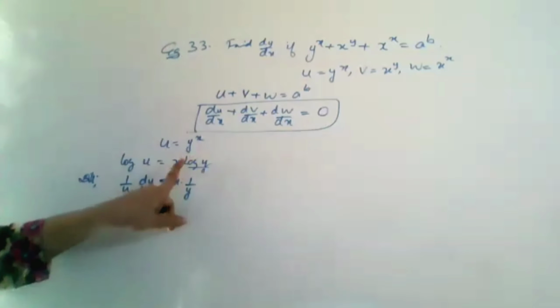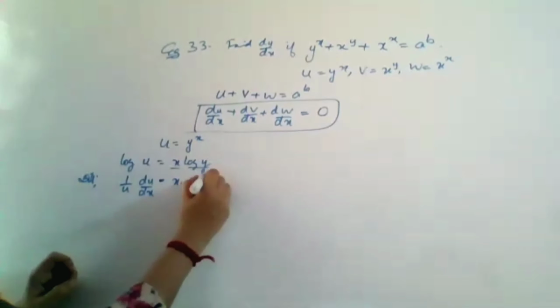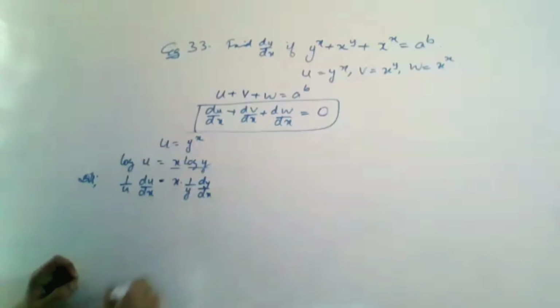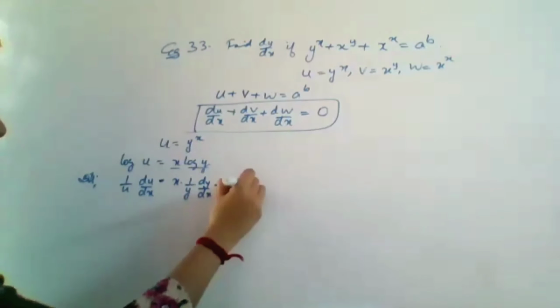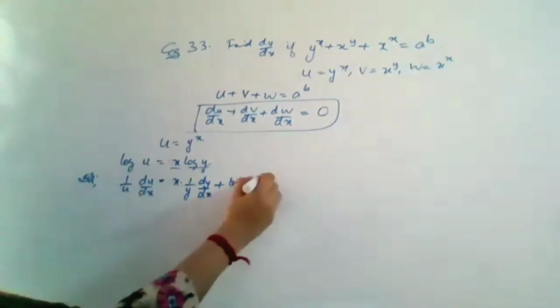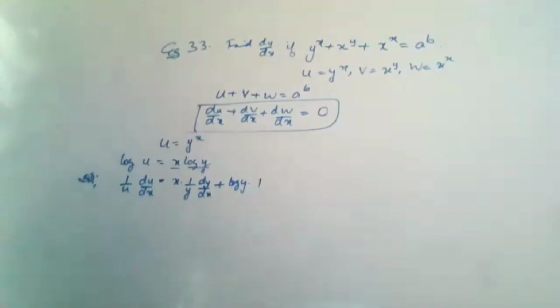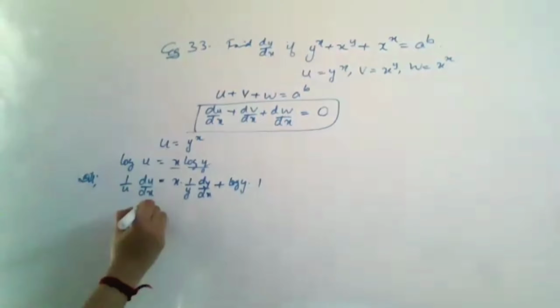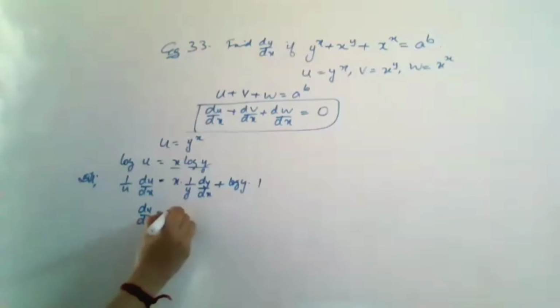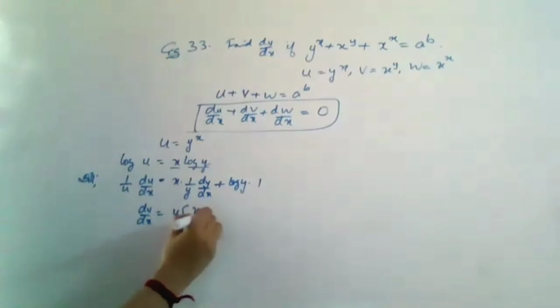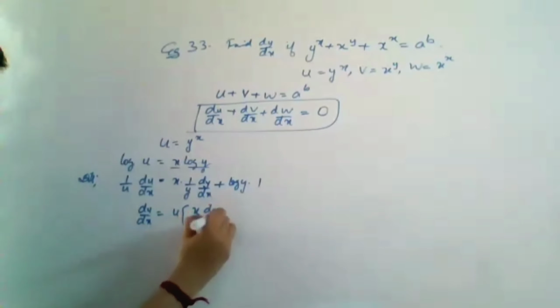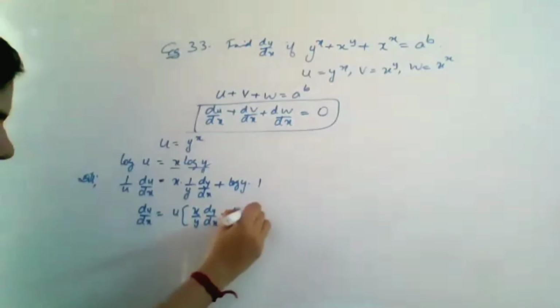So derivative of log y will give you 1 by y into dy by dx plus log y second function into derivative of first, which is 1. D by dx of x is 1. Okay. So from this you will get what is du by dx equal to.